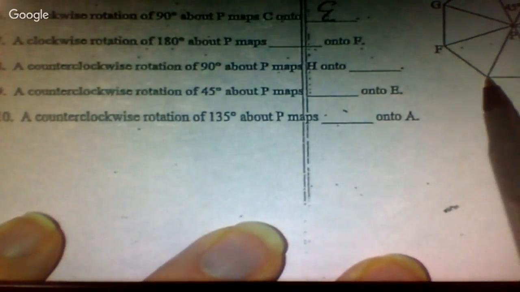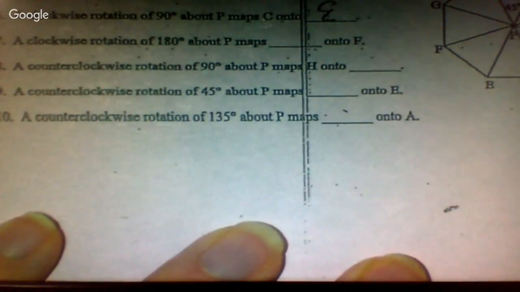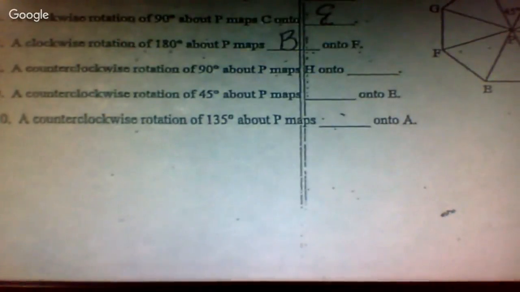Here's 45, 90, 135, 180. So I would have to start at B to go 180 degrees to land on F. Please be careful when they give you the ending point and not the starting point.